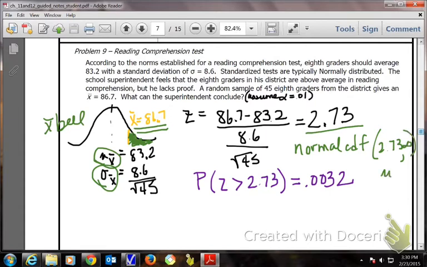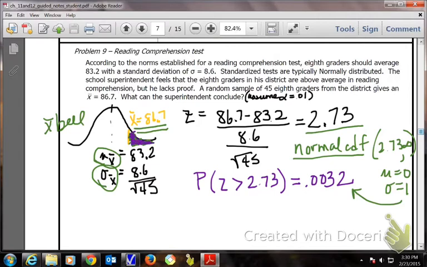Remember, mu is equal to 0 and sigma is equal to 1 on this normal bell, because I've created a standard normal when I'm looking up z-scores. And then I get this value, and that's the area to the right, the stuff in green. Now I will even shade it purple.